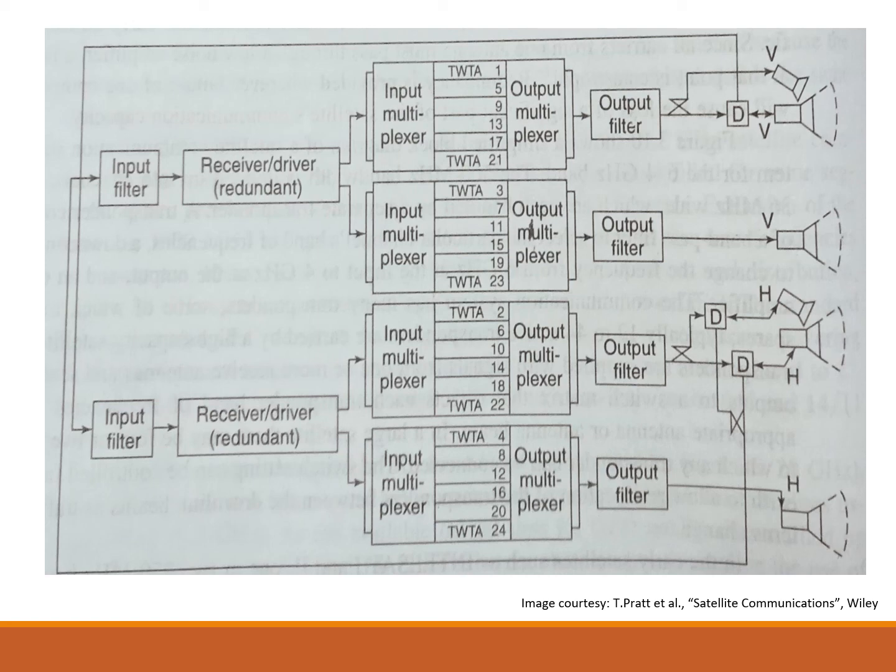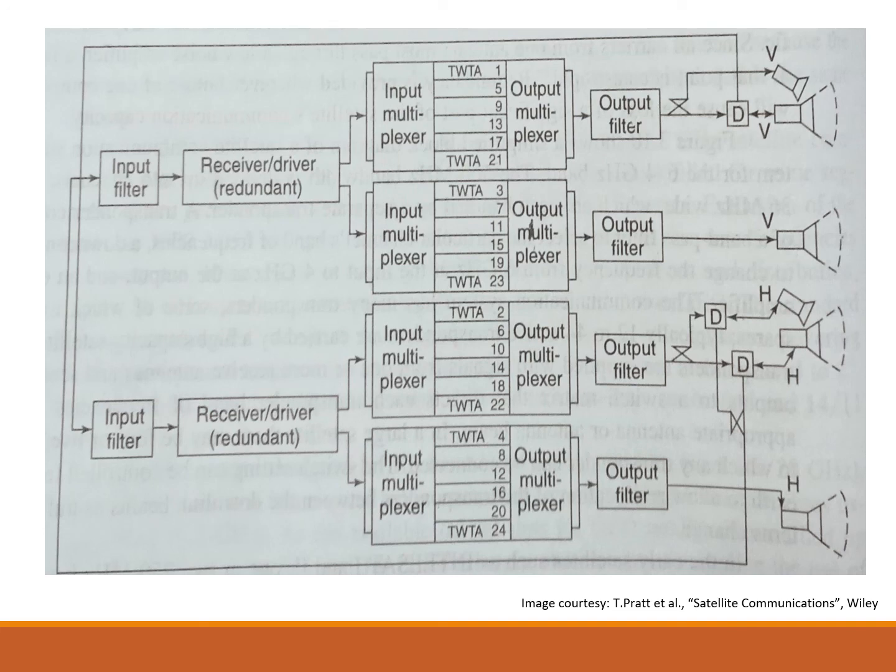Then the signals are gain amplified before we send them onto the downlink. They are gain amplified using gallium arsenide FET amplifiers, whose output is then applied to input multiplexers. The function of input multiplexers is to separate out the total bandwidth into individual transponder channels.